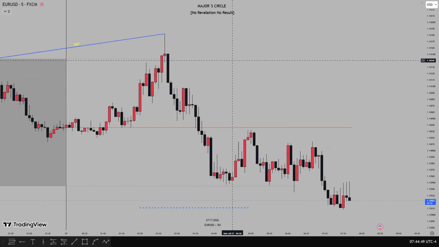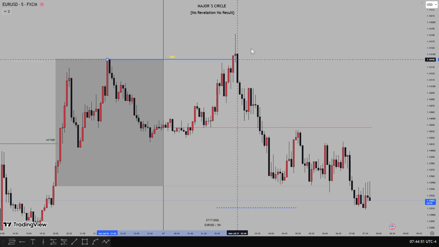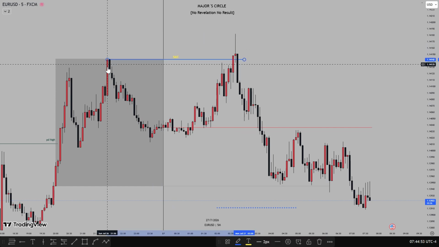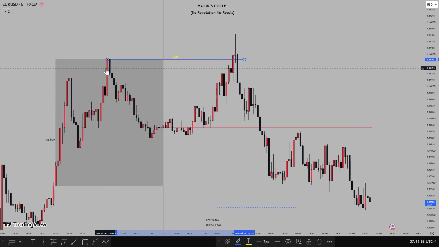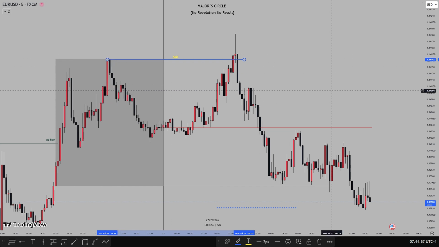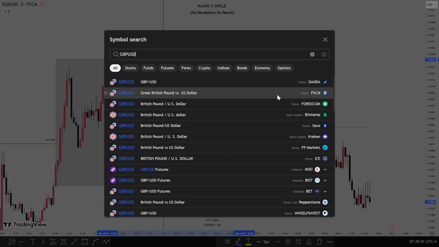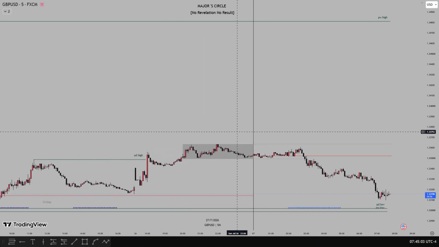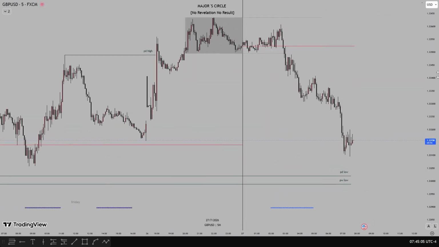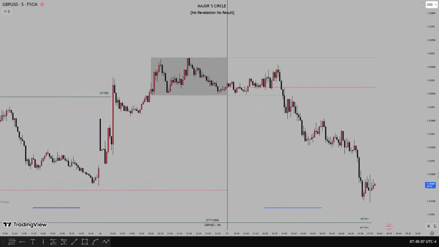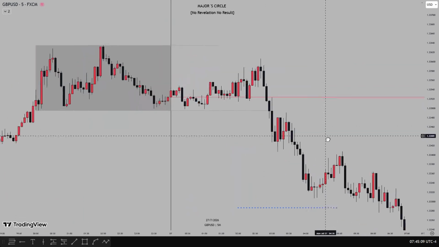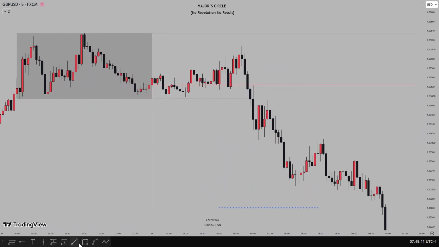Euro traded higher and came for these buy stops above the Asian range. But looking at GBP/USD, you can notice that the pound was doing the exact opposite of what was happening on EUR/USD, meaning that it was giving us a failure swing.